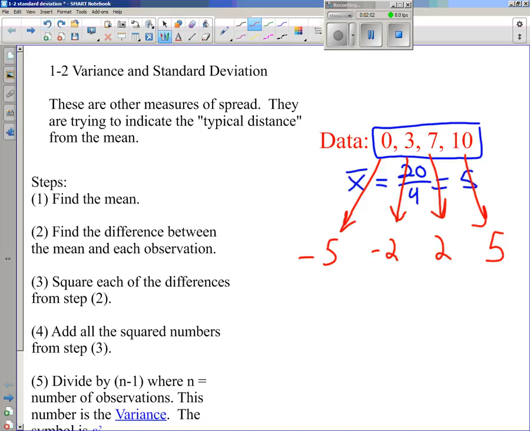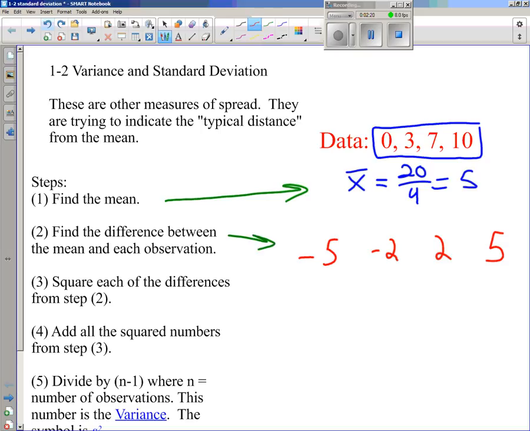So for every observation, all 4 things in the data, you find the difference between the mean and that particular number. Step 1, find the mean. That's step 2, find the differences.